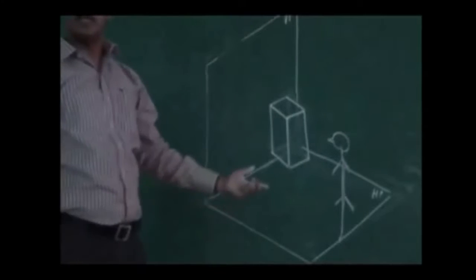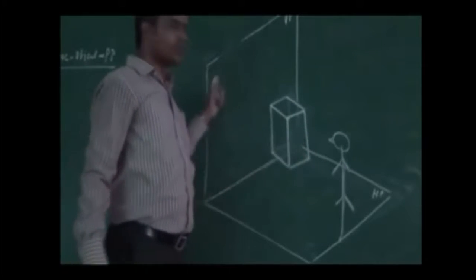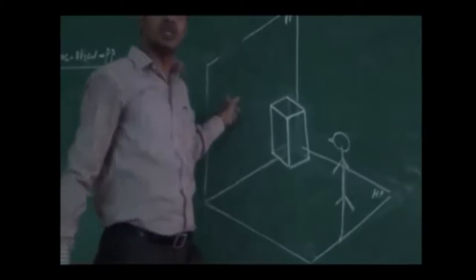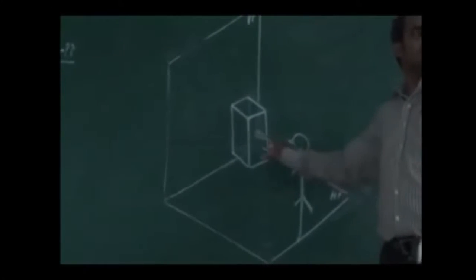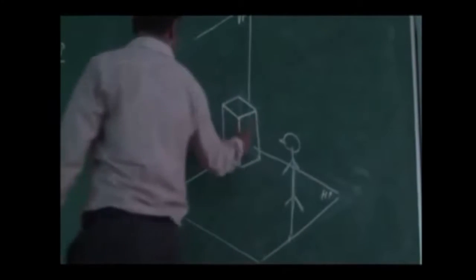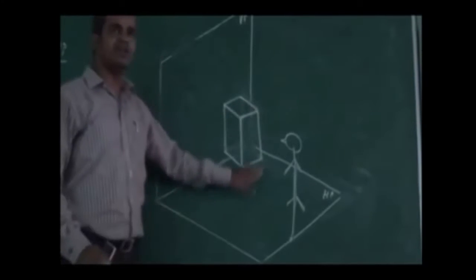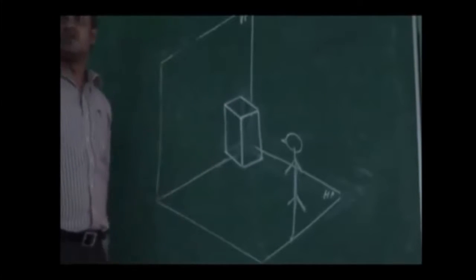The observer is standing, the object is next, and I am going to perform an orthographic projection on a vertical plane. The observer is looking at the object in this way. It is nothing but the front side of the object he is looking at. He is seeing the image of the front face, and the image of the front face is obtained on the vertical plane.